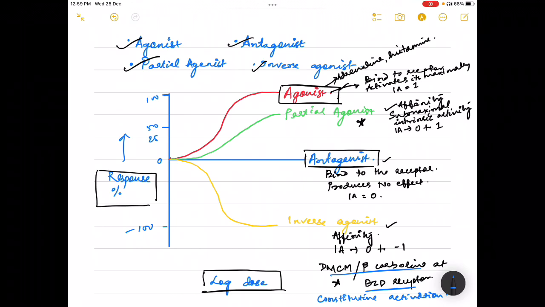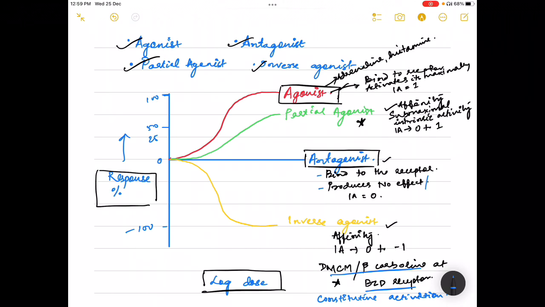And in presence of an agonist, a partial agonist behaves as an antagonist. Antagonists have affinity, that is, they bind to the receptor and produce no effect, or they have an intrinsic activity of 0. Inverse agonists have affinity but intrinsic activity ranges from 0 to -1.